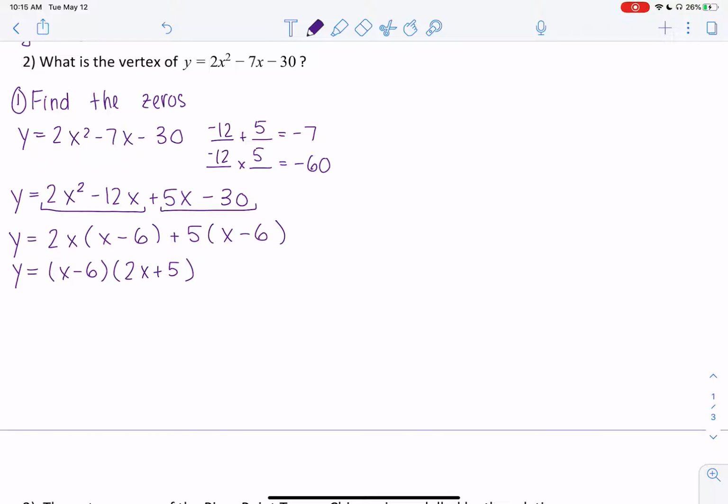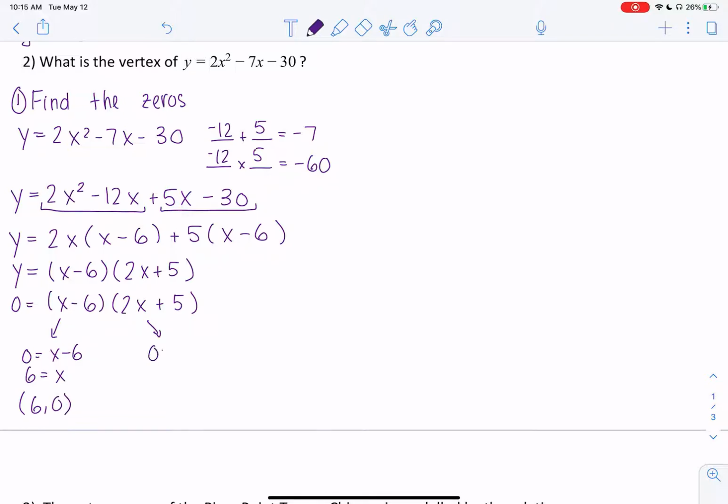The next thing we want to do is we want to find our zeros. So we just set that equal to 0. And we can set both our brackets equal to 0. So our first 0 is at 6, 0.